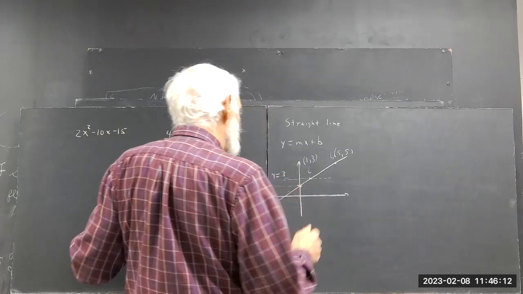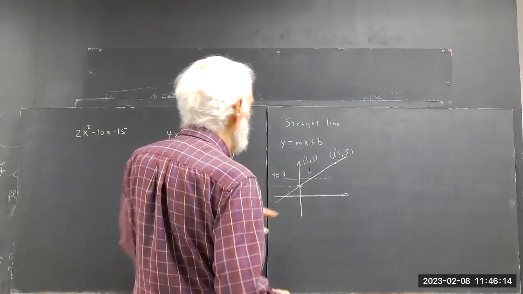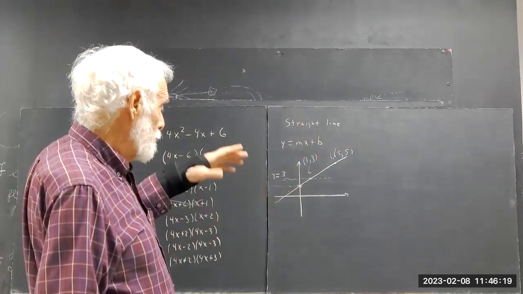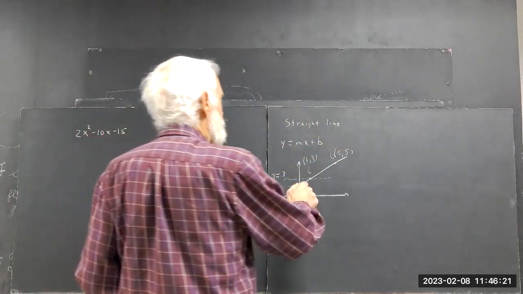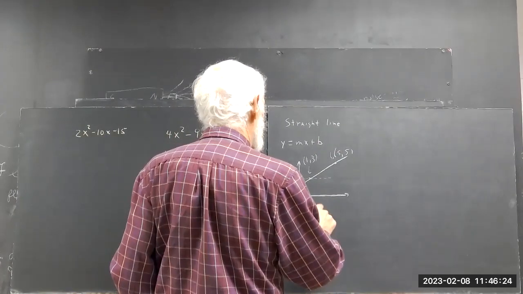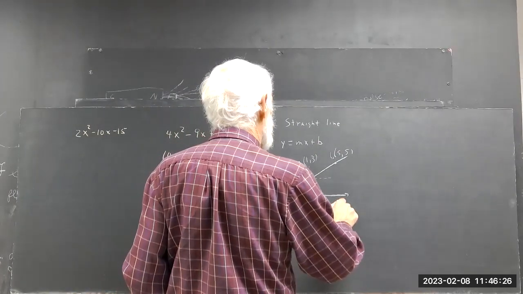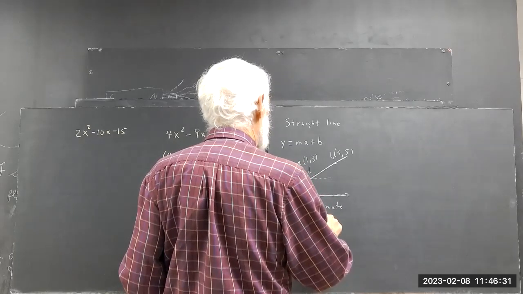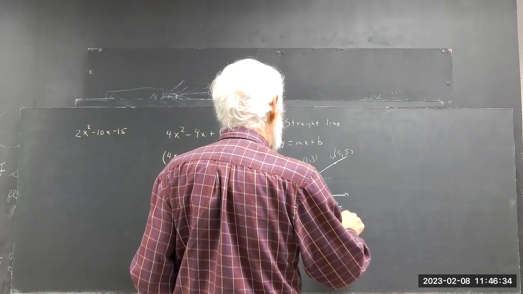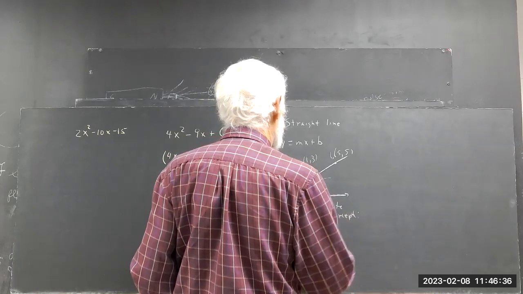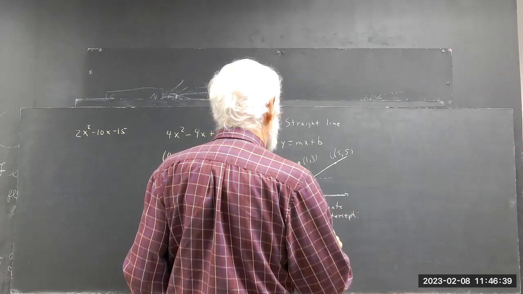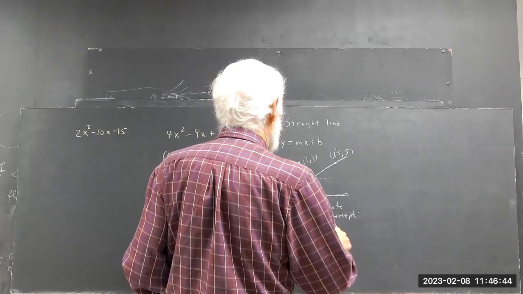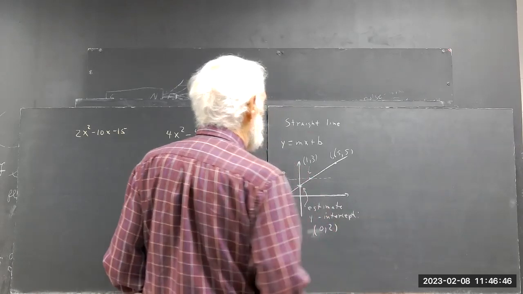It looks like that might be y equals 2. I think 2 is a little bit too high, I think it's a little less than 2. Let's just estimate. This is a good estimate. We're going to estimate that this point is 0, 2.